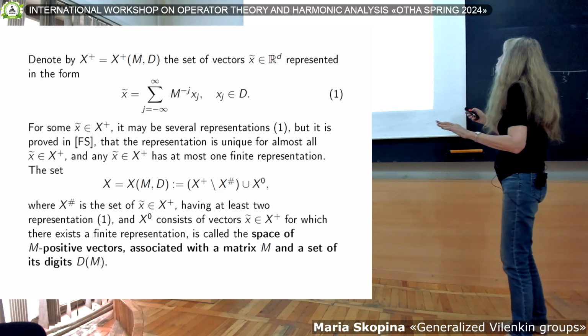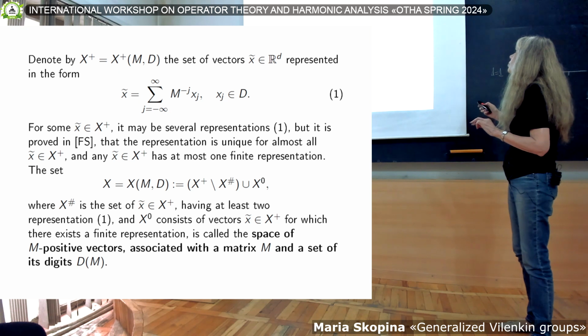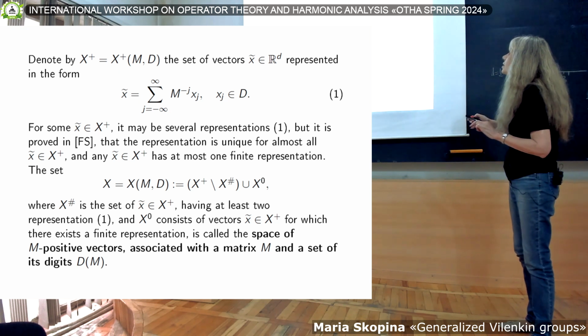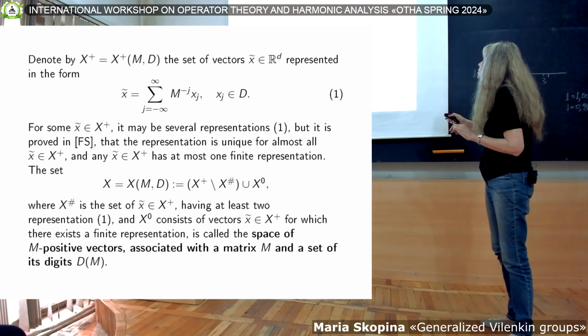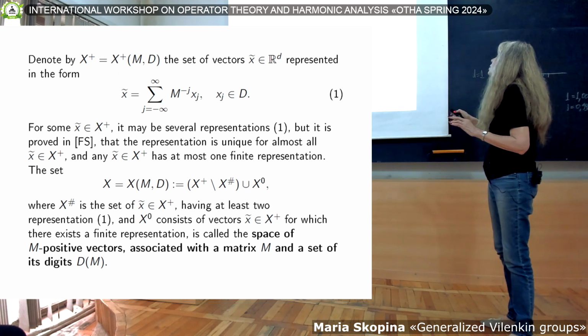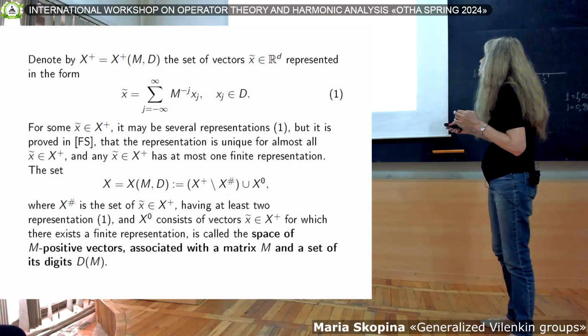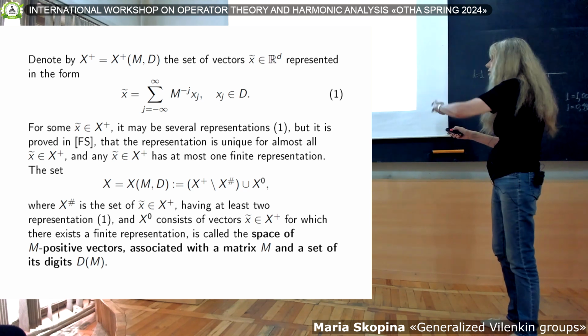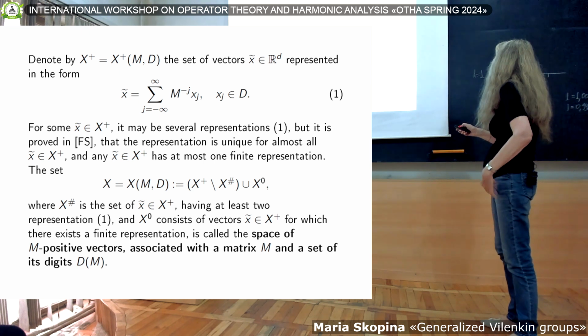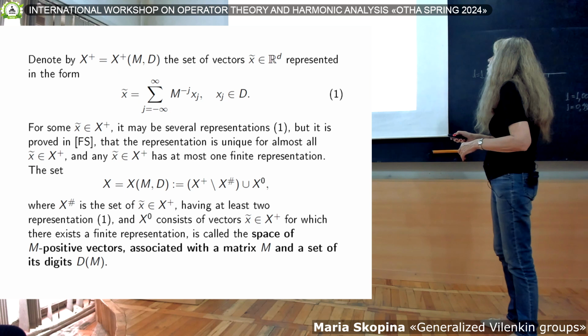We delete all such points that have more than one representation, and then return the points that have a finite representation. And such a space is called the space of M-positive vectors associated with the matrix M and its set of digits.